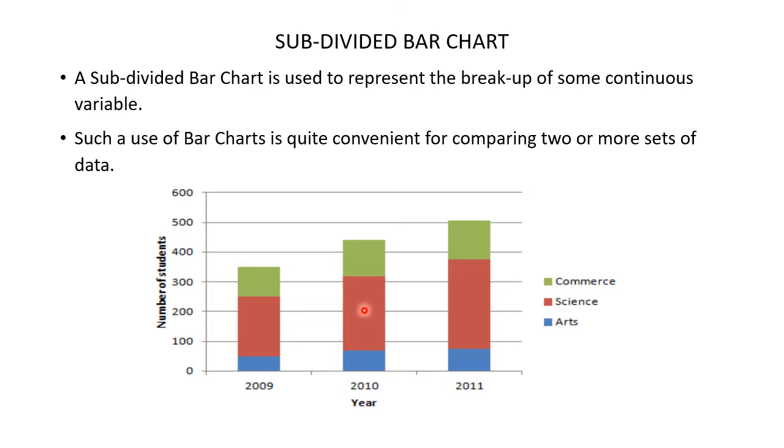So 250 students were studying science in the year 2010. Similarly, the number of students studying commerce in the year 2010 is 425 minus 325, which is 100. So 100 students were studying commerce in the year 2010.